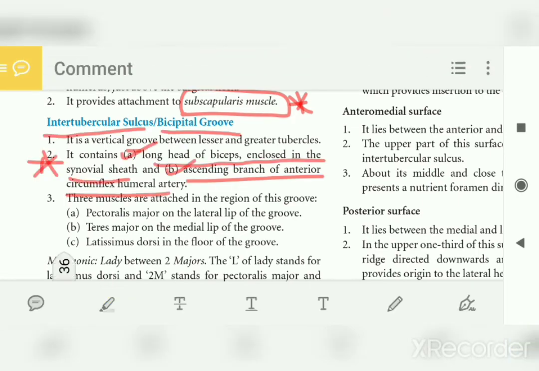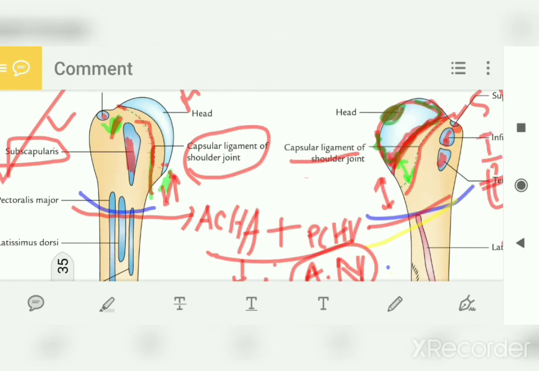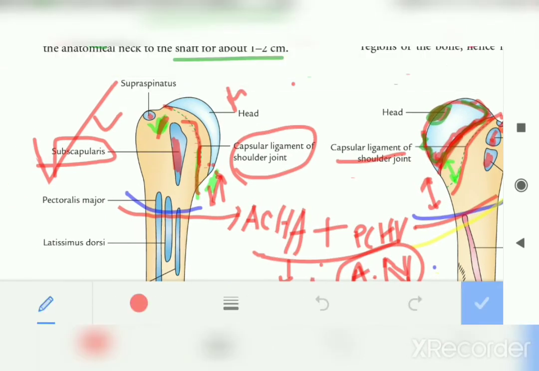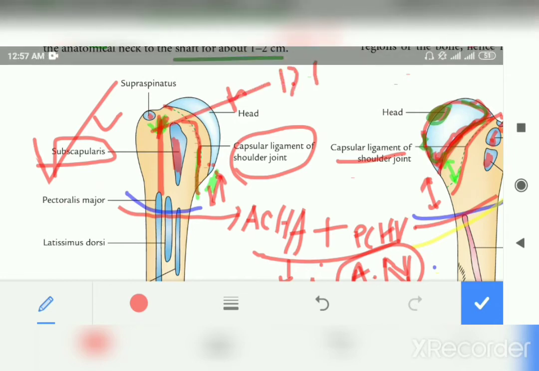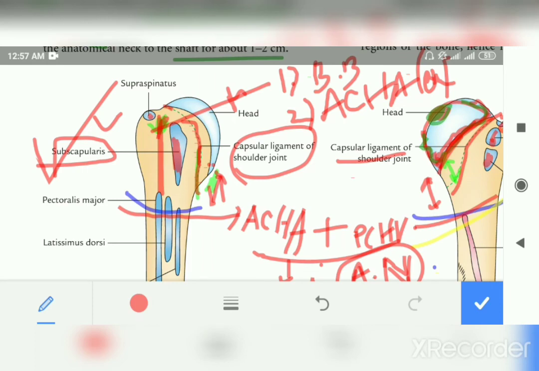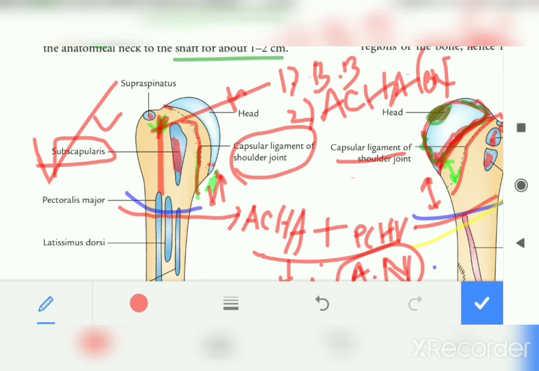Okay, let's see. So the bicipital groove, which one was the bicipital groove? Between two tubercles. Okay, so this one was the bicipital groove, the red one. So what does it contain? Number one is the tendon of the long head of the biceps brachii. Number two, ascending branch of the anterior circumflex humeral artery. We have already said that at the surgical neck, in the front view, there is a passage of the anterior circumflex humeral artery.